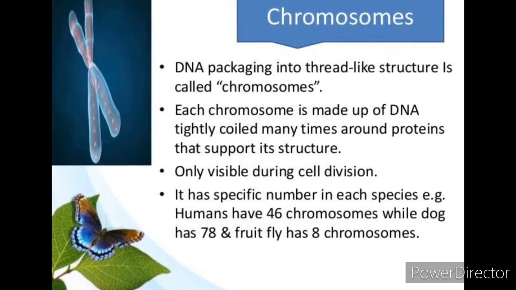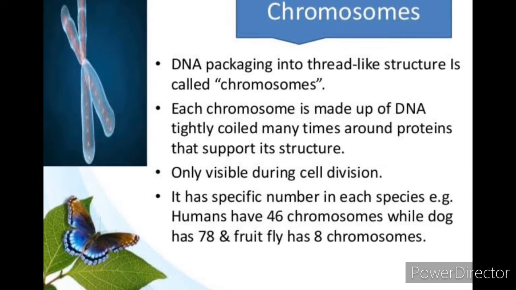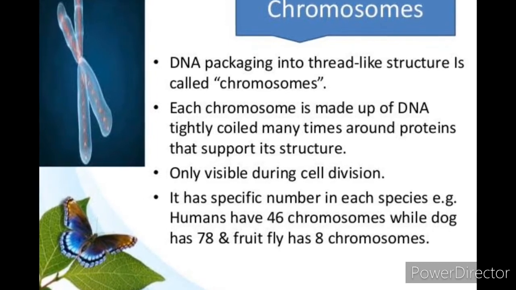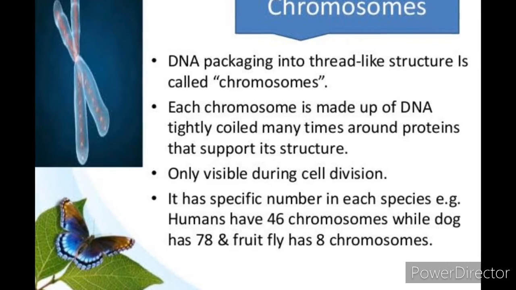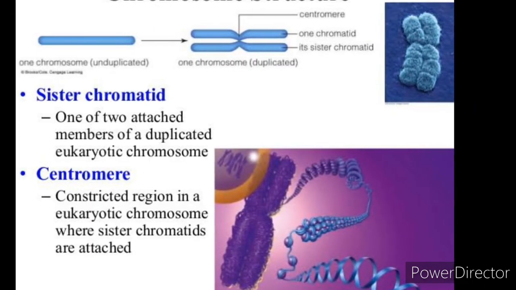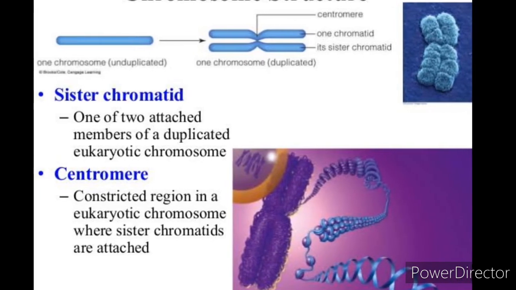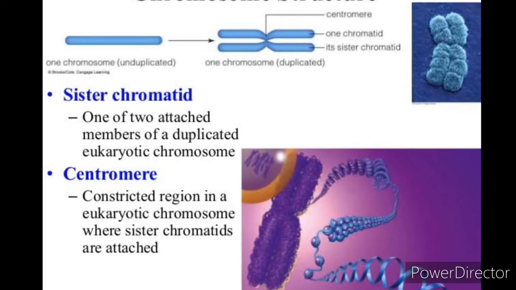Next, structure of chromosome. Chromosomes are thin, long and thread-like structures consisting of two identical strands called sister chromatids. They are held together by the centromere. Each chromatid is made up of a spirally coiled thin structure called chromonema.